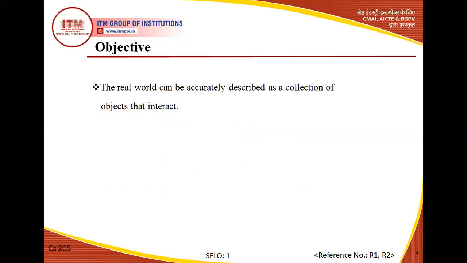Now, students, if we talk about the objective of object oriented programming or thinking, it has only one objective: that the problem is totally related with real world problems. So we can say that a real world problem can be accurately described as a collection of objects that interact.